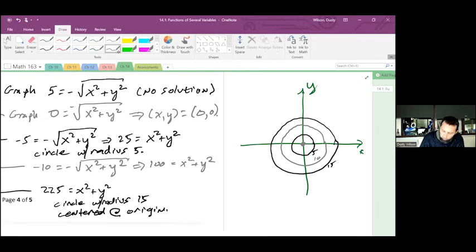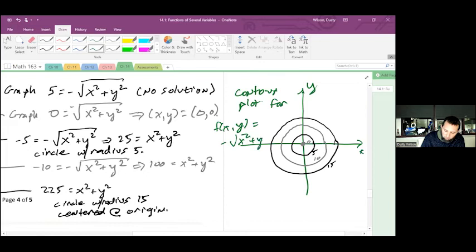Oh, and the first one was at 0. So here would be our contour plot. Contour plot for f of x, y equal to negative square root x squared plus y squared.